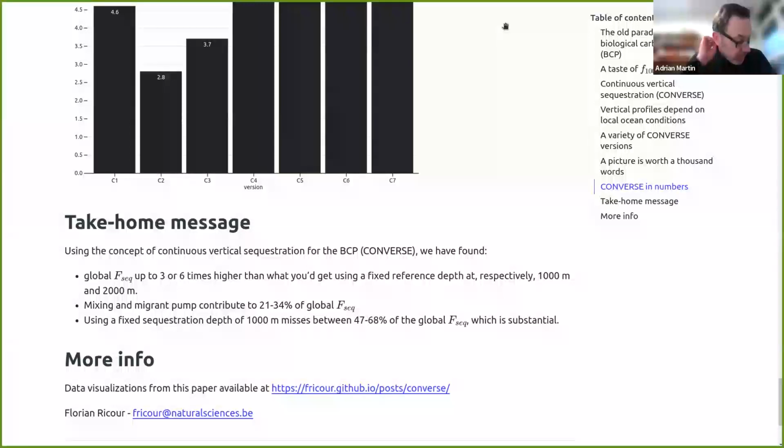I'll ask a quick question just while we're waiting if people have got questions. So you're using a specific estimate of the ocean circulation here. How sensitive is it to that choice? What do you mean? You mean that's the F factor?